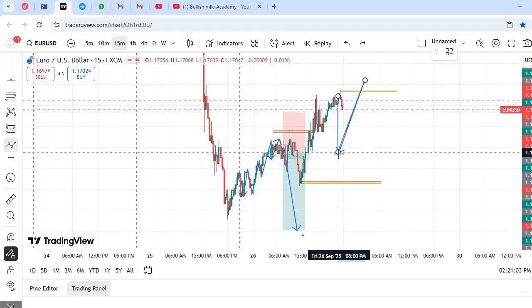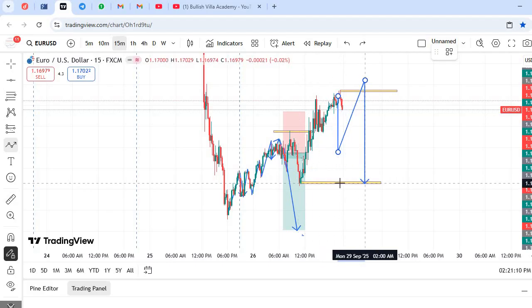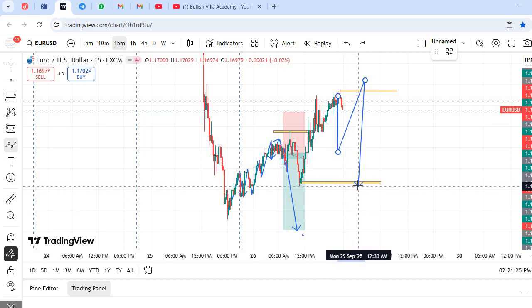If price doesn't reverse from here, price can come down and get to this low here. This is the strong low, or a protected low. So it's either that price gets here and continues going up, or price comes down here and clears this low, or comes down a bit.